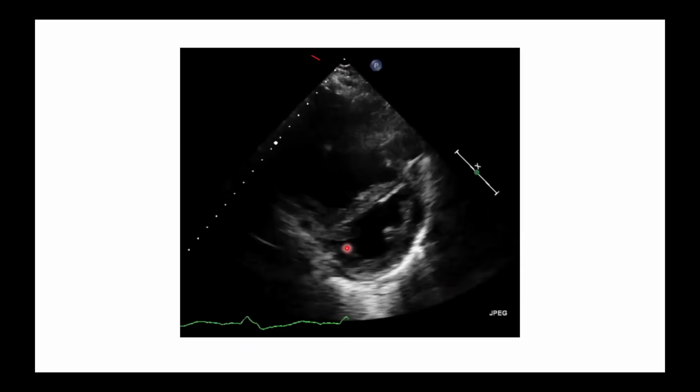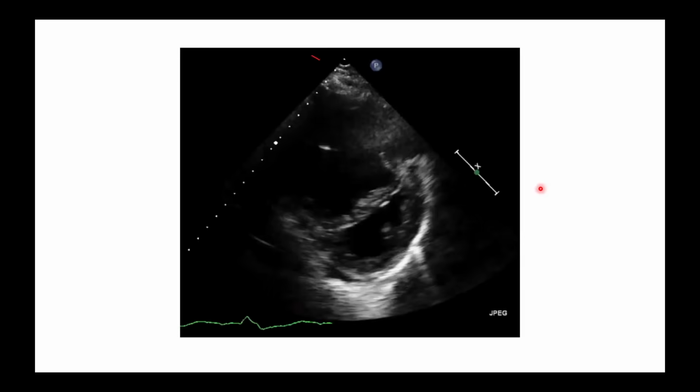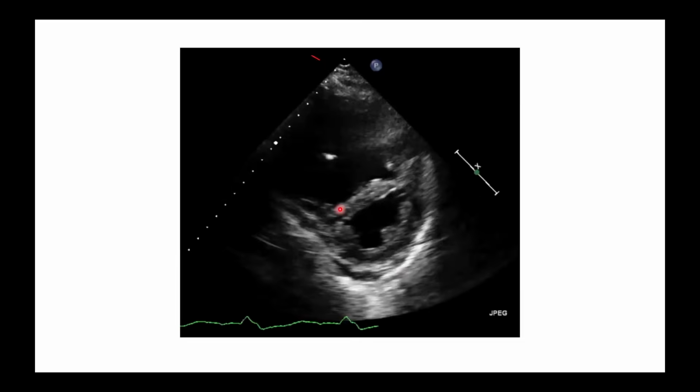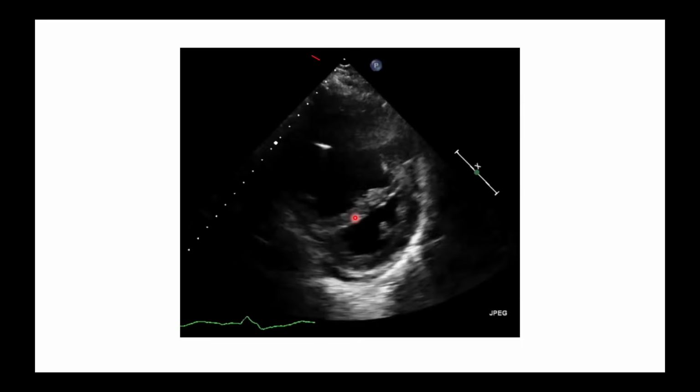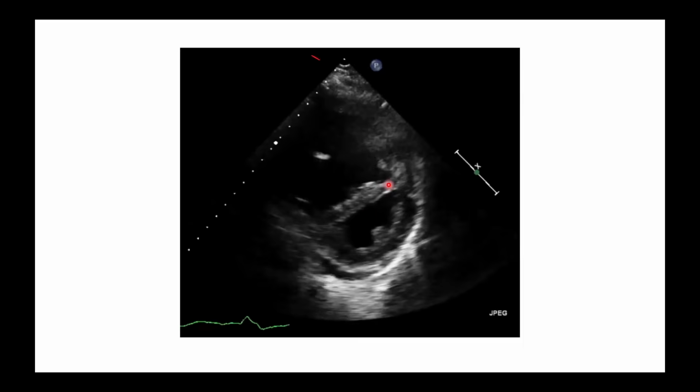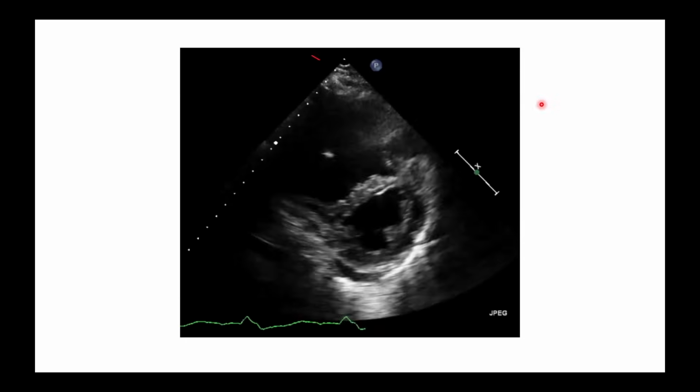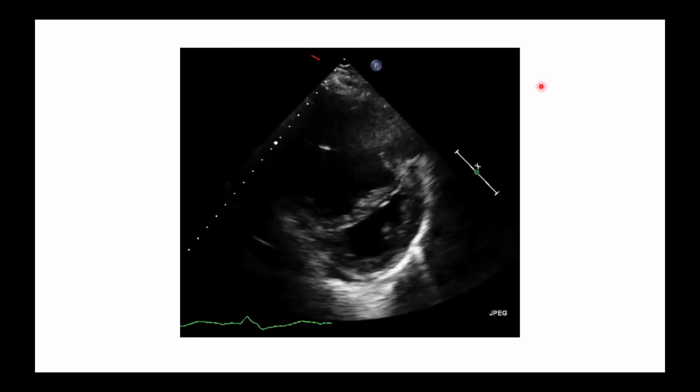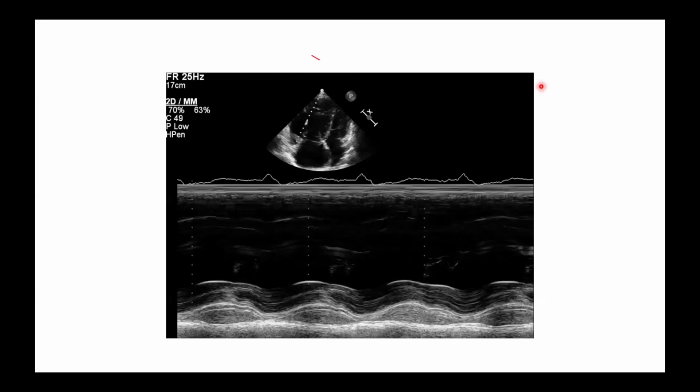We'll go over all the numbers after, but you can see how this septum is D-shaped. You can appreciate how this ventricle here is D-shaped. This is measuring TAPSE here with M mode along the tricuspid annulus. And it is abnormal. Again, we'll go over the numbers.